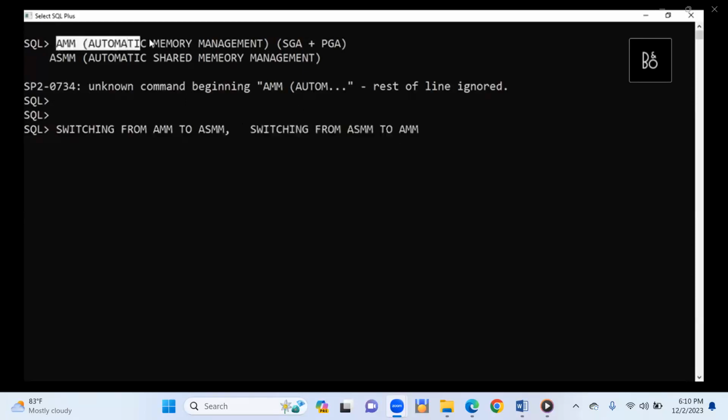Another point is that when your memory is in AMM, it means that the system is managing the memory for you automatically. So you do not have any interaction with the memory. That means you cannot alter the memory unless it is in the second method, which is ASMM.